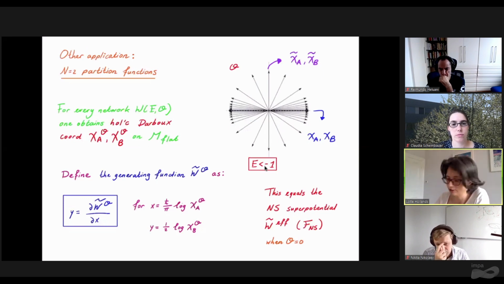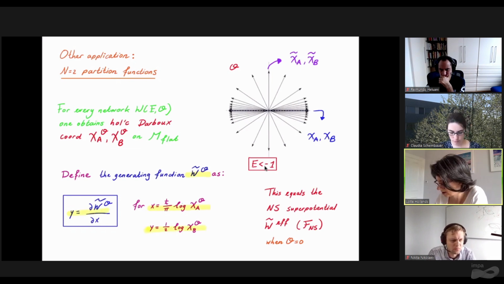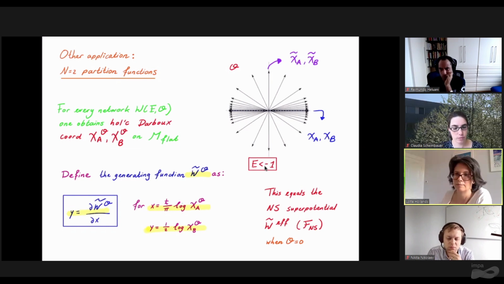And for any choice of holomorphic Darboux coordinates, you can define a generating function as in these equations. This generating function happens to have a nice physical interpretation. In particular, when the phase is equal to 0, it agrees with the Nekrasov-Shatashvili superpotential, which I think also appeared in Alda's talk yesterday.